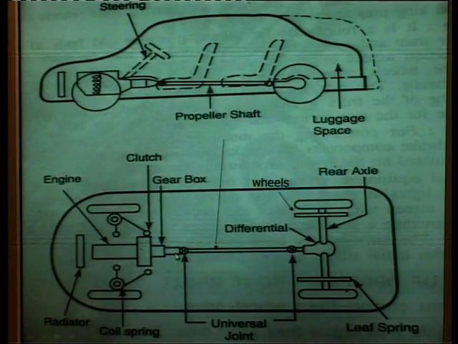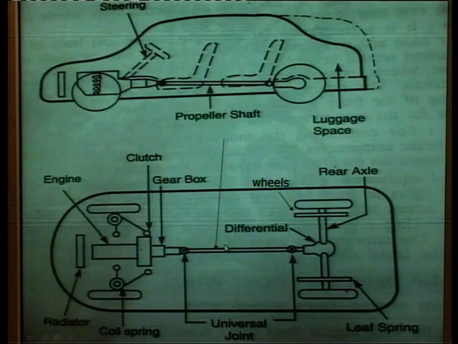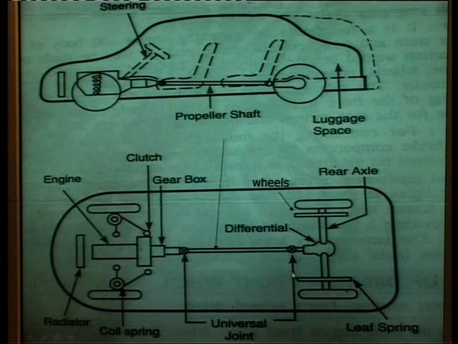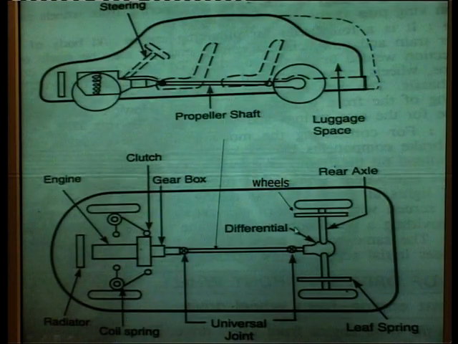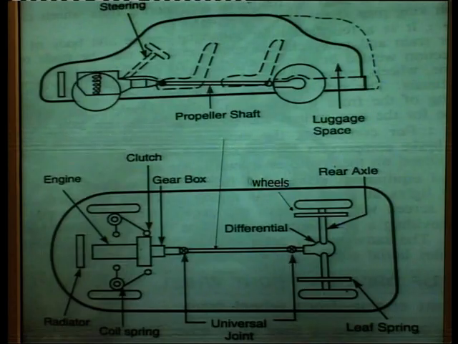Then these are the universal joints, that is after the gearbox, then there is the propeller shaft. After the propeller shaft, there is a slip joint, then again universal joints, then this is the differential, then rear axles, then wheels, and on the wheels, tires. These are two wheels of the vehicle.